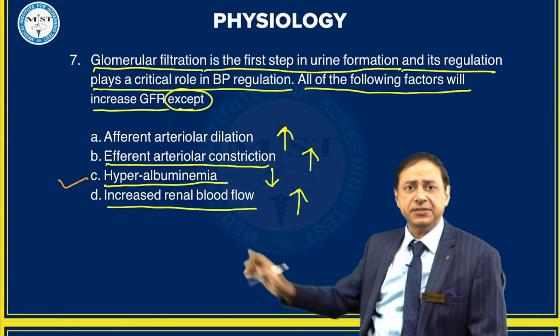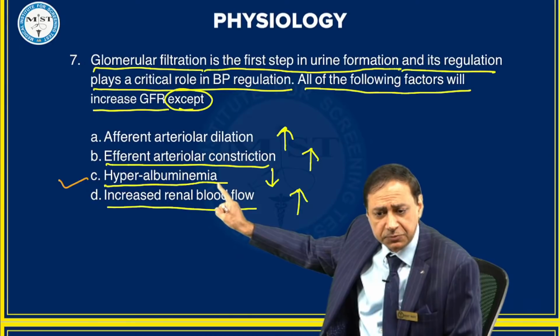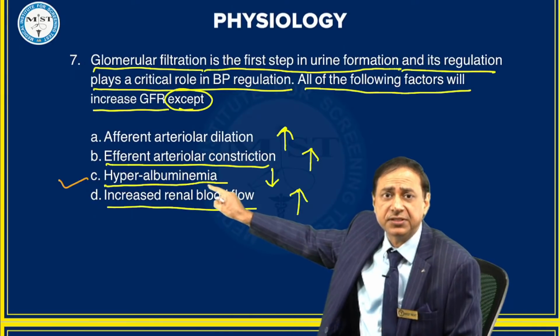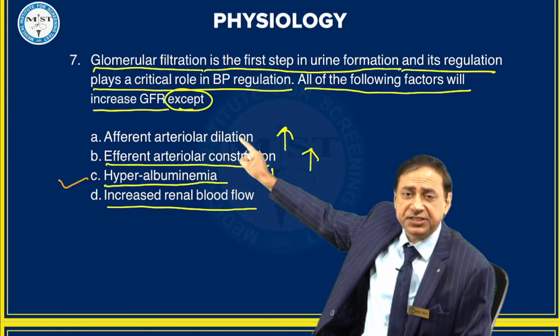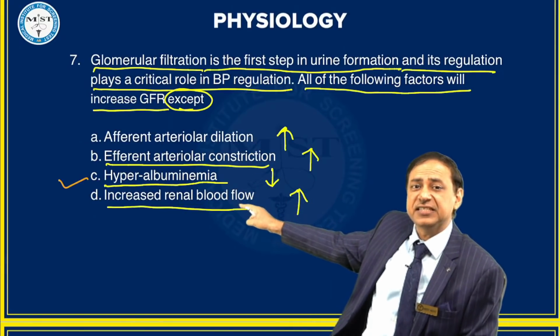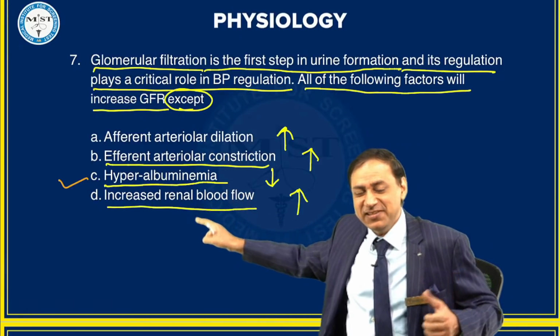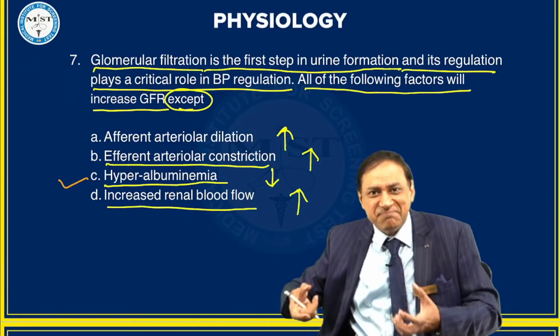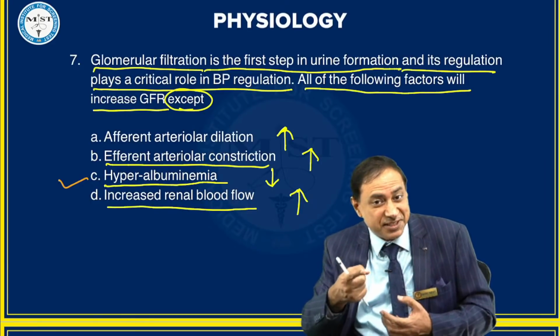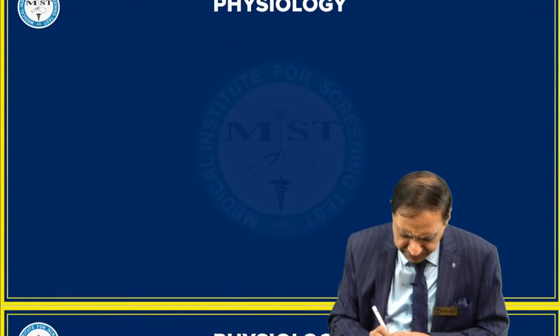C is the answer. Maximum students here are correct. Afferent dilatation increases, efferent constriction increases, increased blood flow increases GFR. But hyperalbuminemia will pull the fluid from the Bowman's capsule, so it will decrease the GFR.